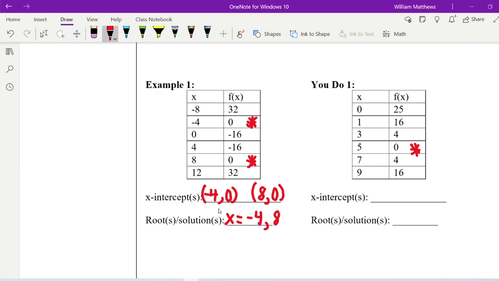When it reaches 0, the next number starts going back up in the opposite direction. This indicates that we've reached our vertex. So since our vertex is our x-intercept, that's going to be our only one. Yet again, x-intercept is referring to the location, and our root/solution is referring to our x value.